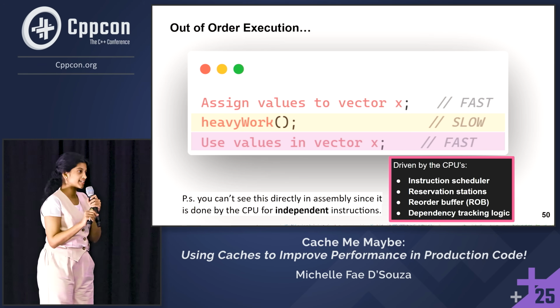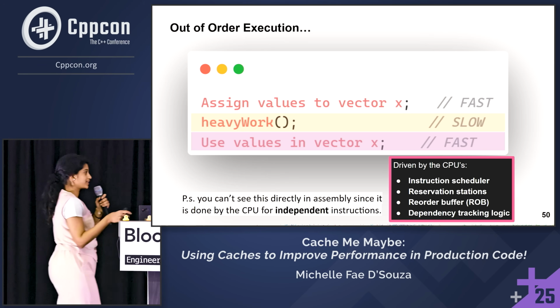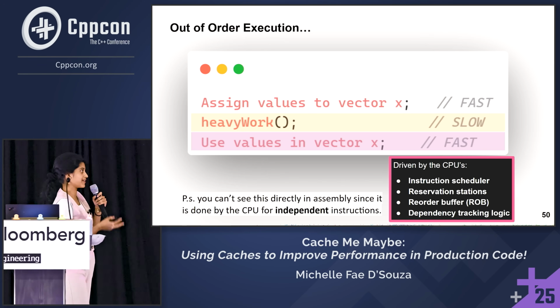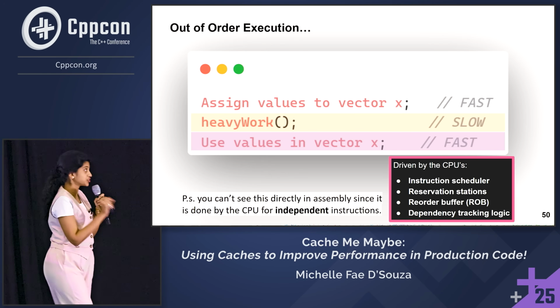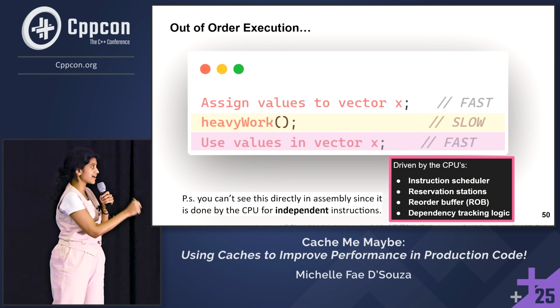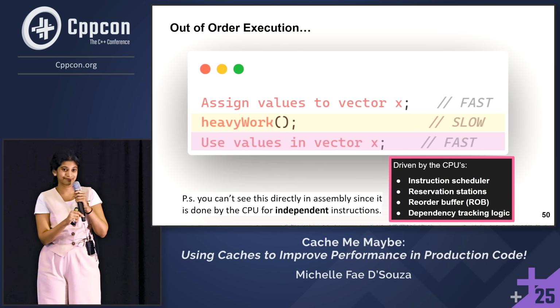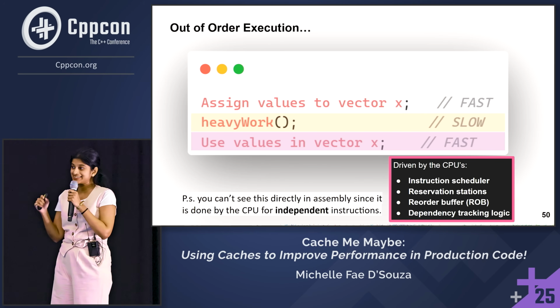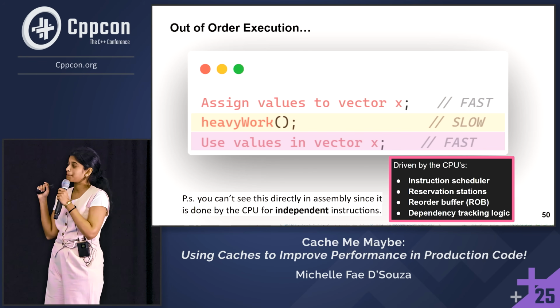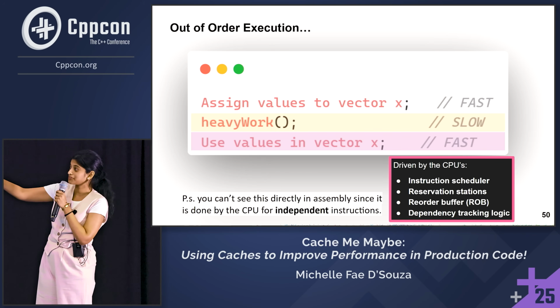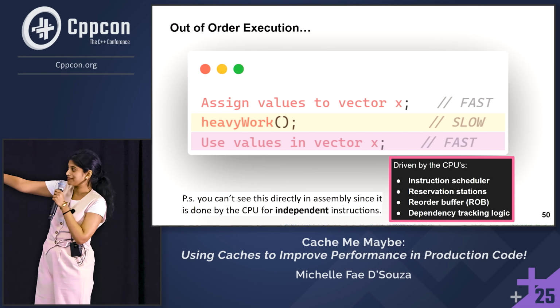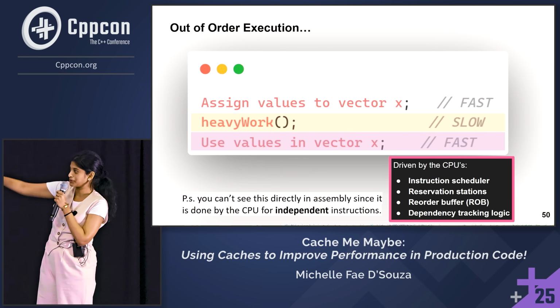While it's waiting for heavy work, the CPU can decide to start executing instructions using values in vector x. This means you can potentially have a cache hit even though you have heavy work right before in that code.